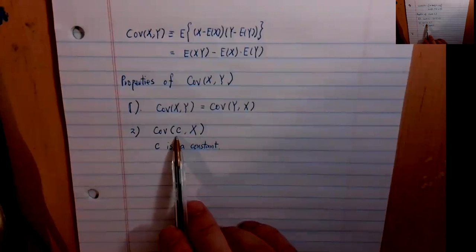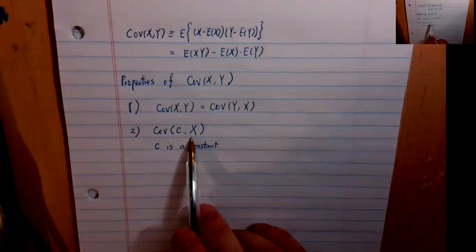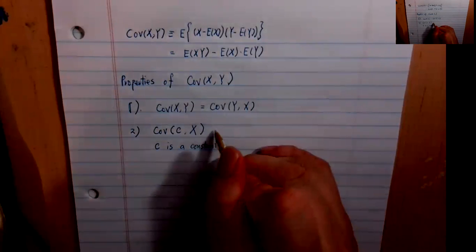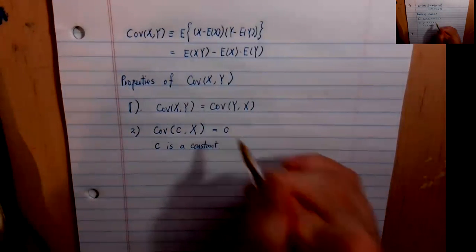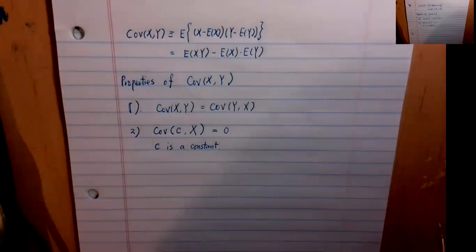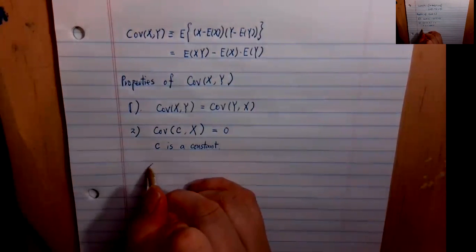So there is no linear association between a constant and a random variable. Okay? So this is 0. And this is not very difficult to prove. Okay? Let's look at the proof.